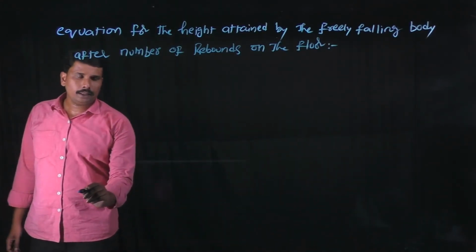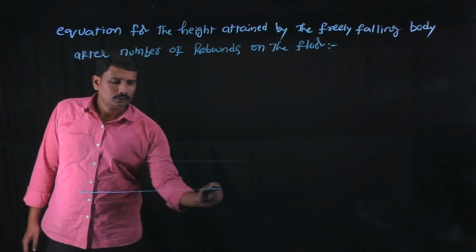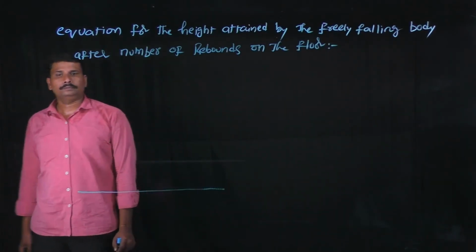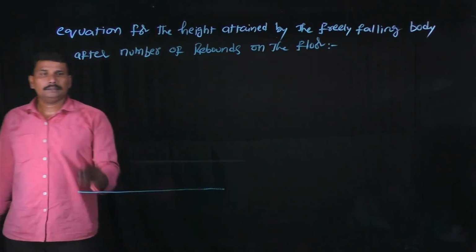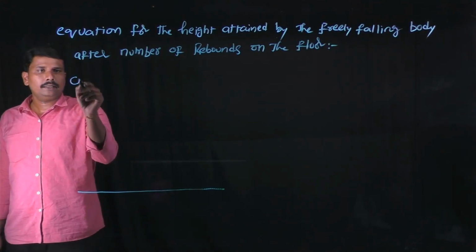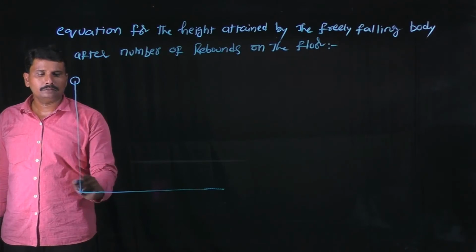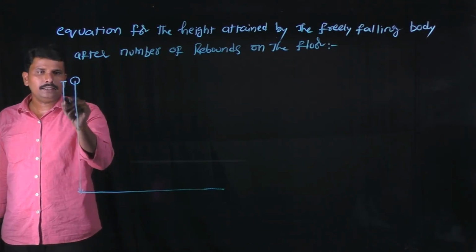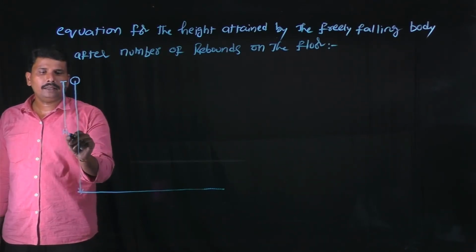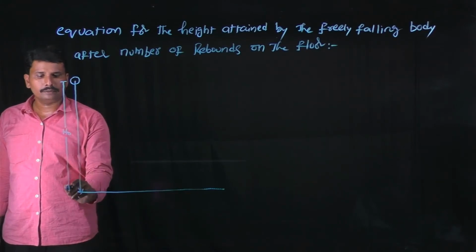Let us consider this is a floor. An object is initially at a height h0. This is the initial height of the freely falling body.